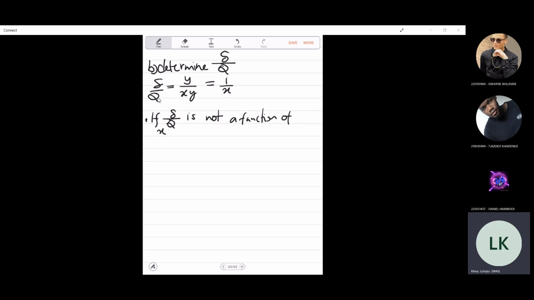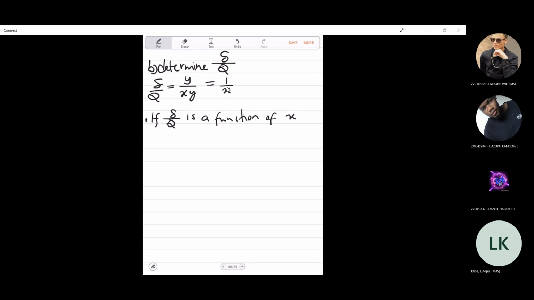First, let's start with the case where delta over Q is a function of x only, so it only contains x and there's no y in the formula like we have here.